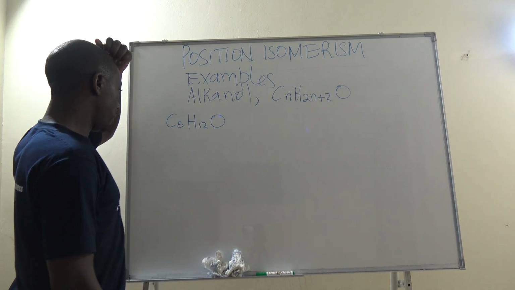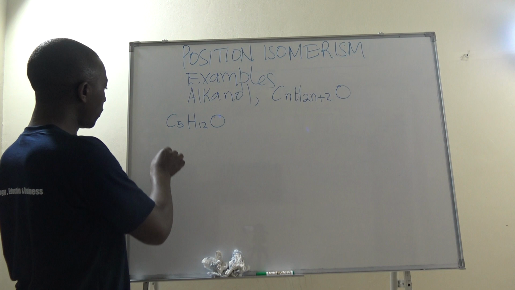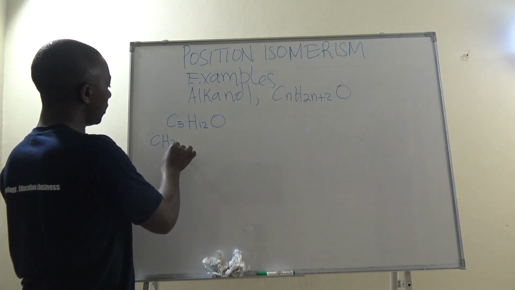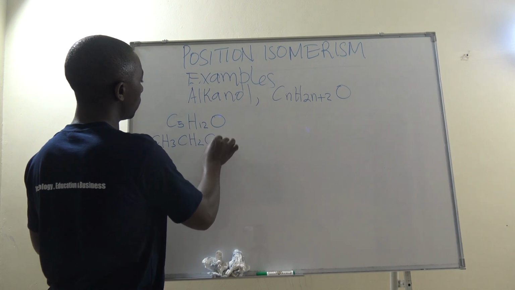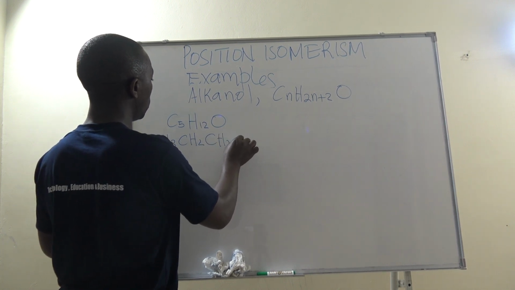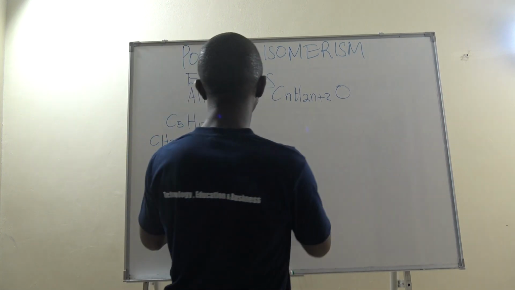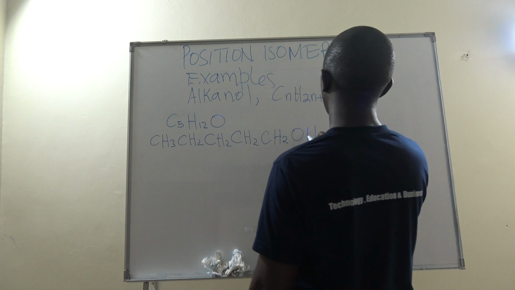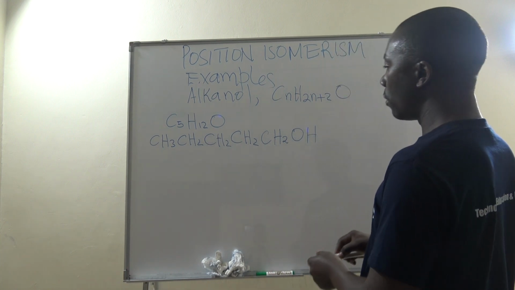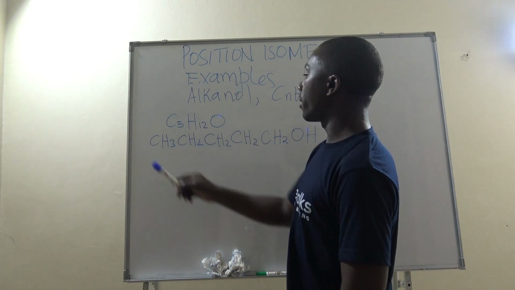Now, writing the structure of this, the first isomer would be CH3, CH2, CH2, CH2, those are 4, then CH, then OH. Count number of carbon atoms, 1, 2, 3, 4, 5.